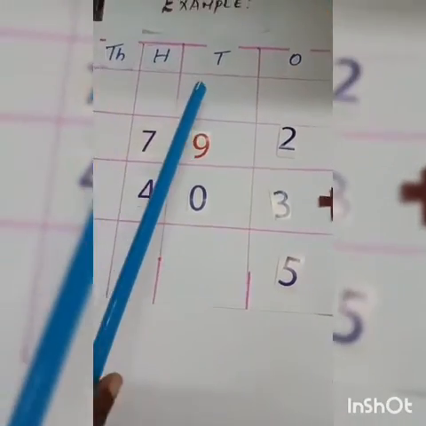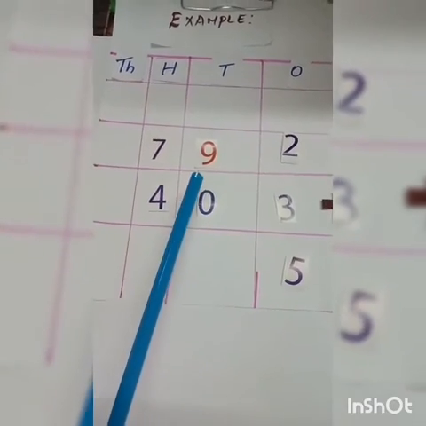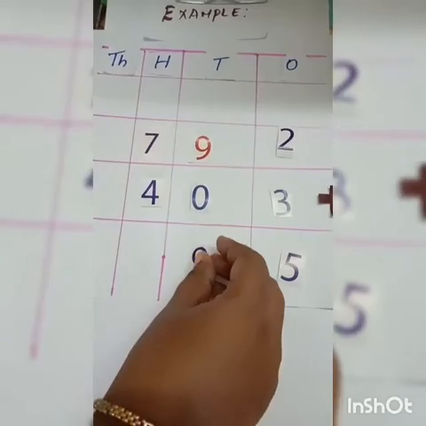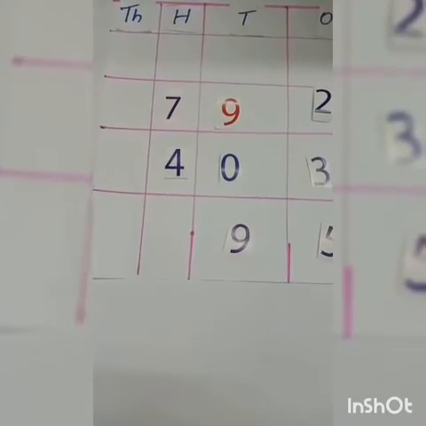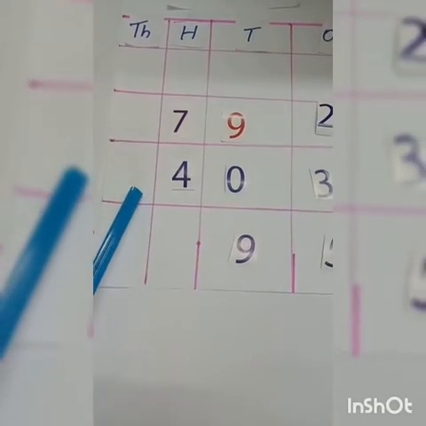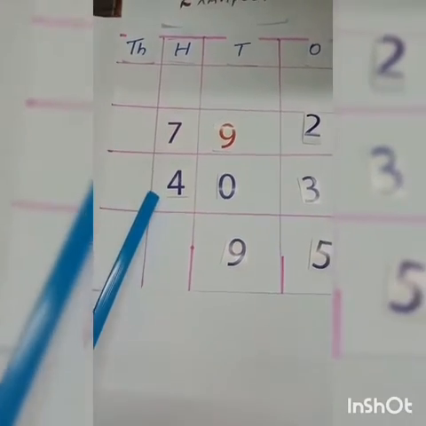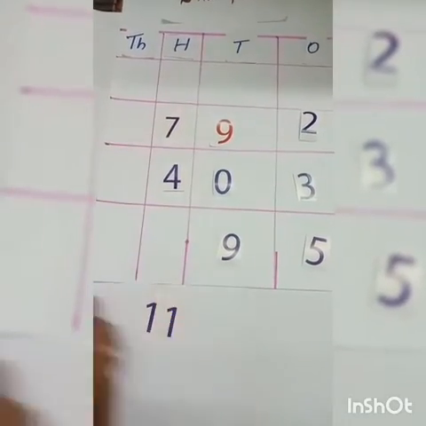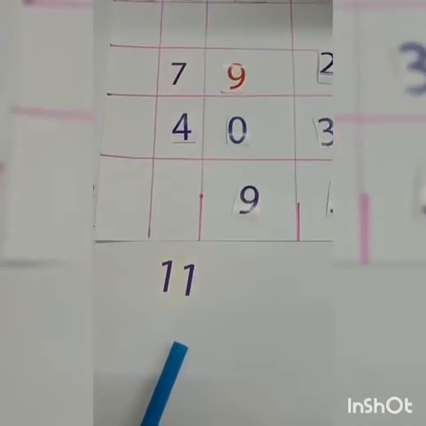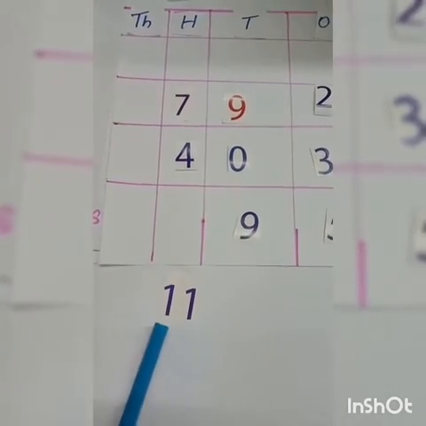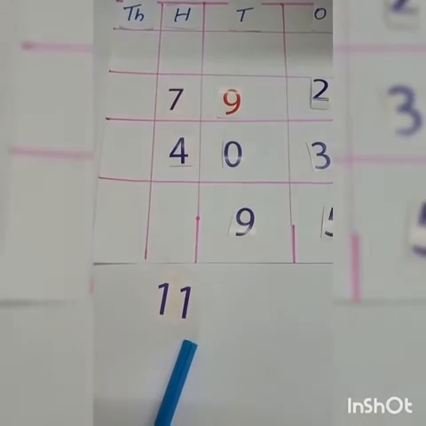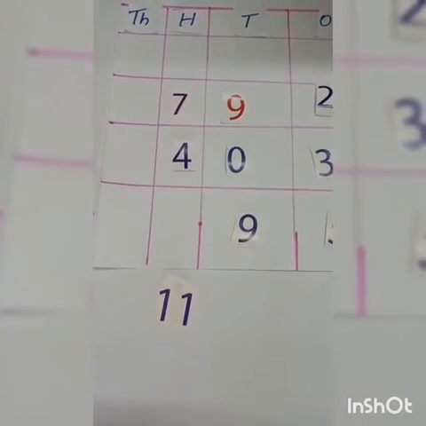Step 2. Add the digits in tens column. That is 9 plus 0 is equal to 9 tens. Step 3. Add the digits in hundreds column. That is 7 plus 4 is equal to 11 hundreds. We know that 10 hundreds is equal to 1000. So 11 hundreds can be represented as 1000 and 100.